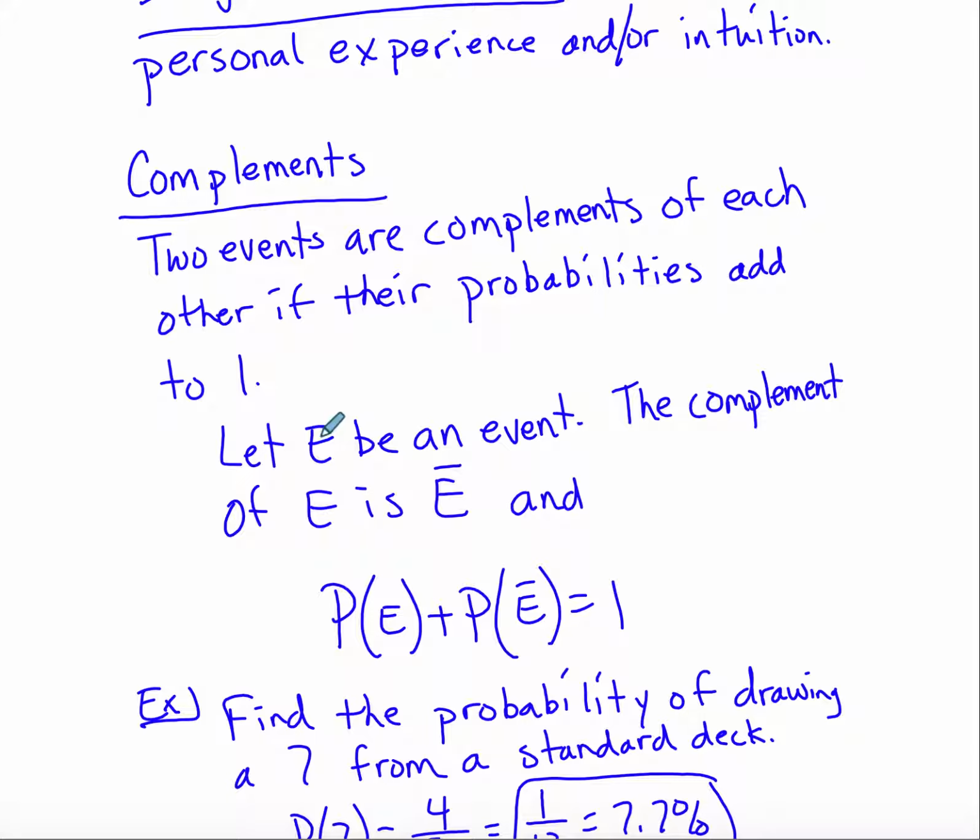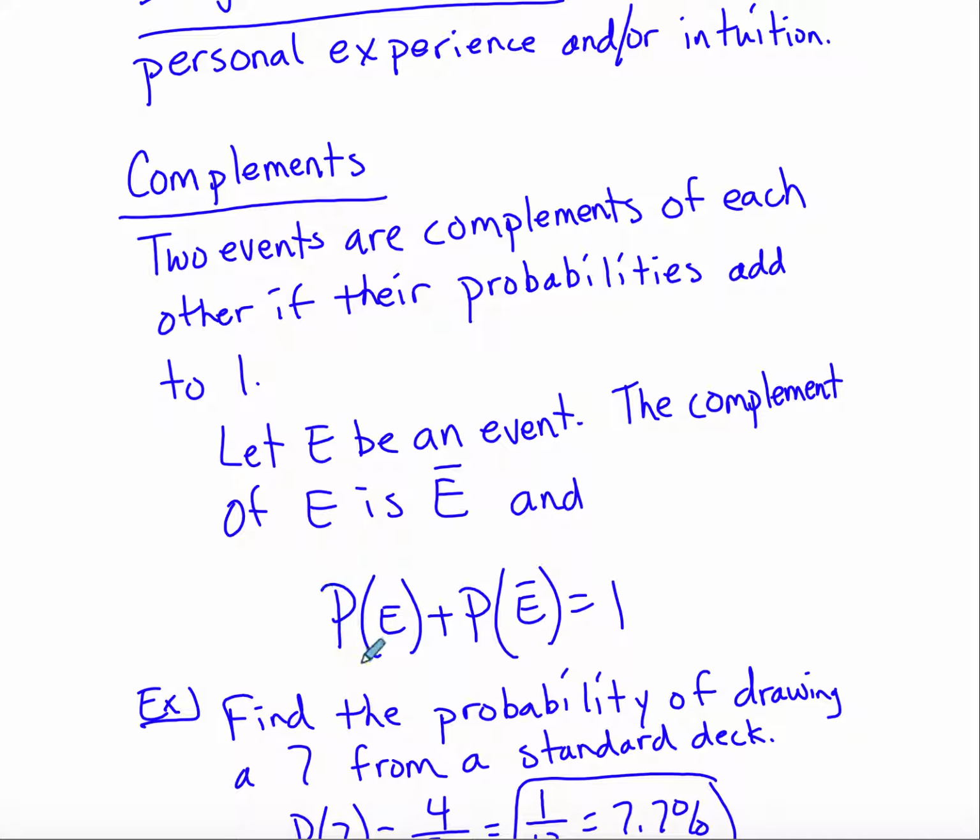So if you're looking at the complement of getting a 2 on one die, the complement would be getting everything else: a 1, a 3, a 4, a 5, and a 6.